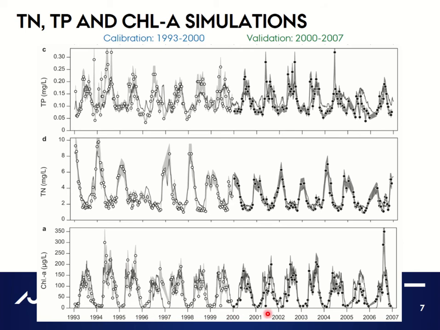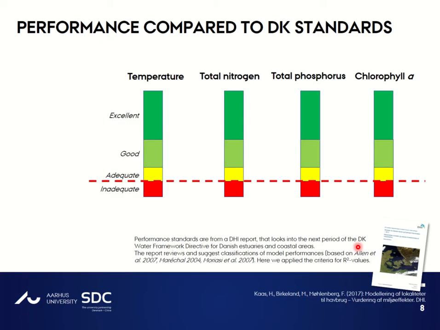The model performance for Lake Hinge is very similar to the model performances for the other Danish lakes. So here, to look at the other lake performances, we compare model performance for the Danish lakes against model standards applied in the marine management in Denmark.